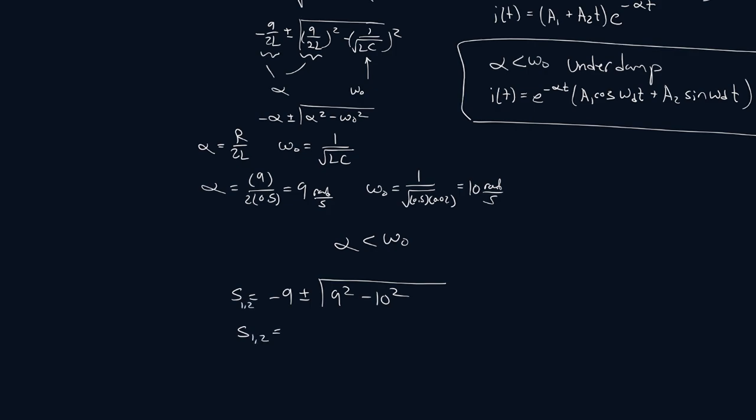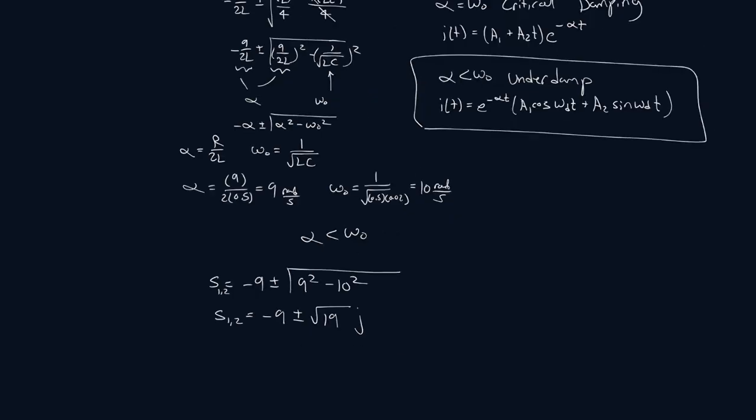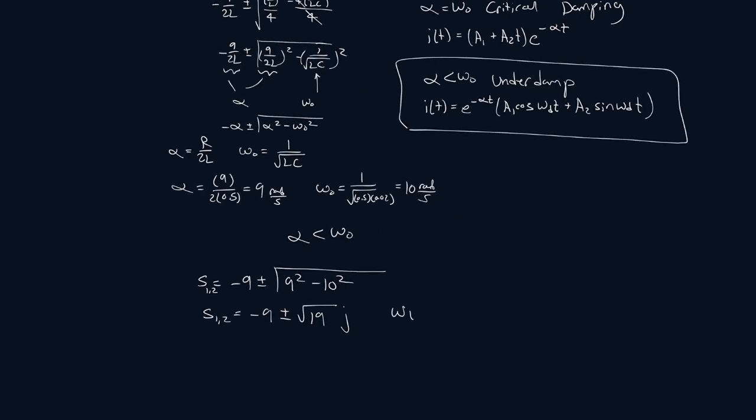And this will be equal to minus 9 plus minus the square root of 19 j. Okay? So hold on, let me just double check that. Yep, okay, looks good. So that means our WD will be the square root of 19.